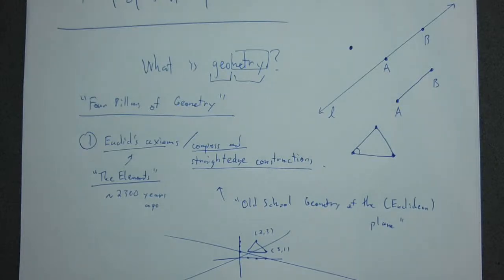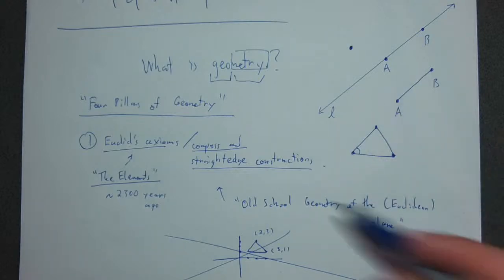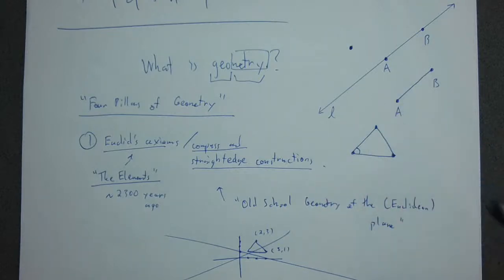Okay, so the reason I bring up coordinates like this is that a lot of these computations, a lot of these things that we want to show using compass and straight edge construction, are just too annoying to do this way.